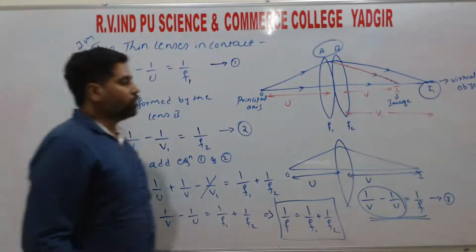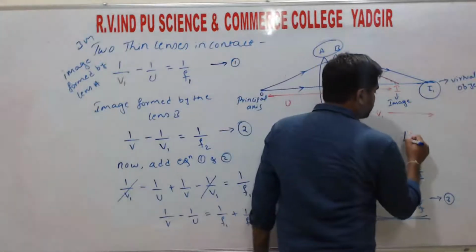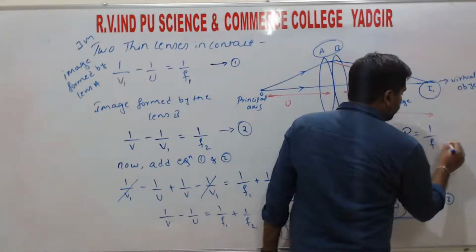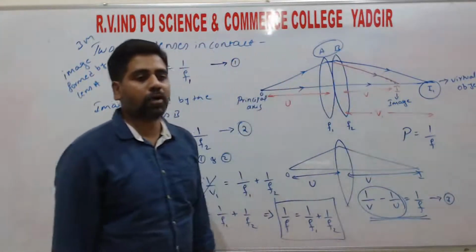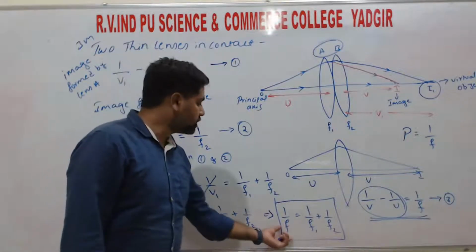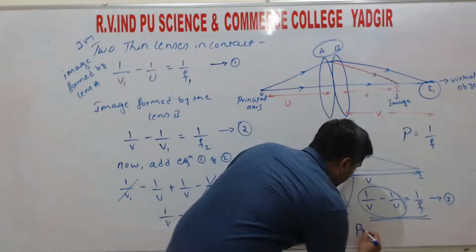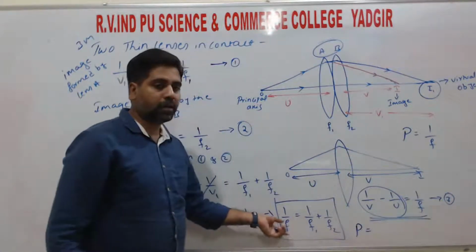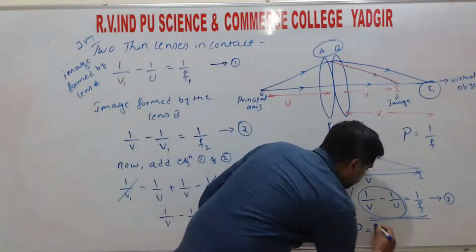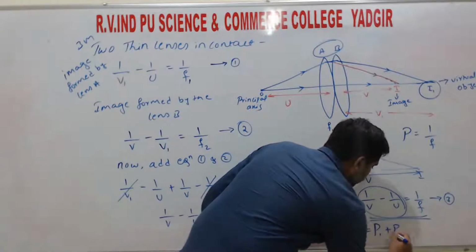As we know, the power of a lens P is the reciprocal of the focal length, 1/F. So if we write this relation in terms of power, P equals P1 plus P2.